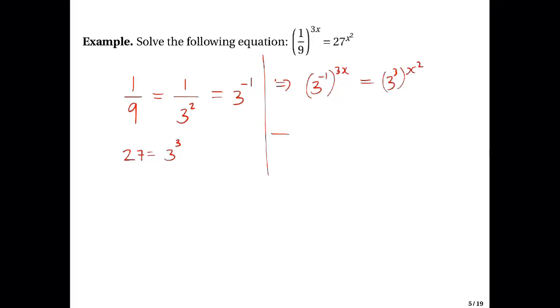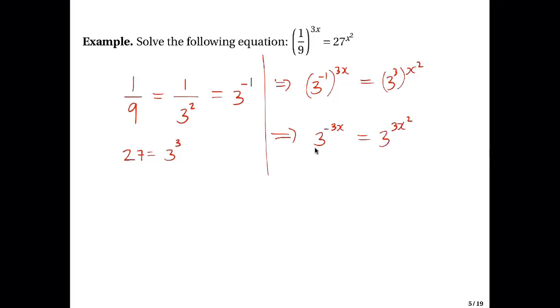If we simplify this using properties of exponents, we just multiply the exponents. So negative 1 times 3x becomes 3 raised to negative 3x. And on the other side, 3 times x squared, you have 3 raised to 3x squared.